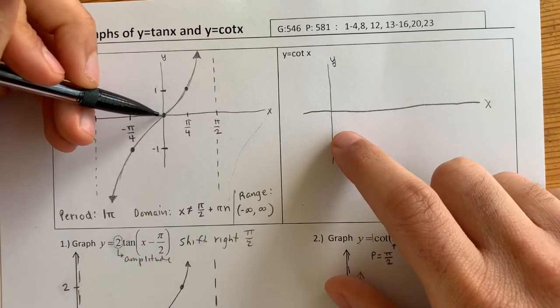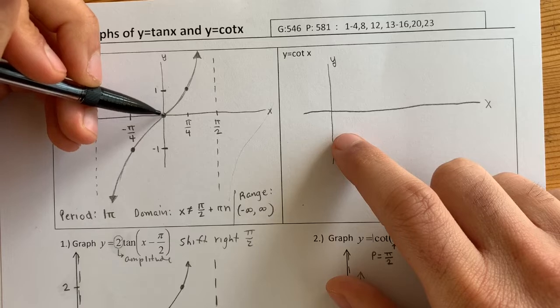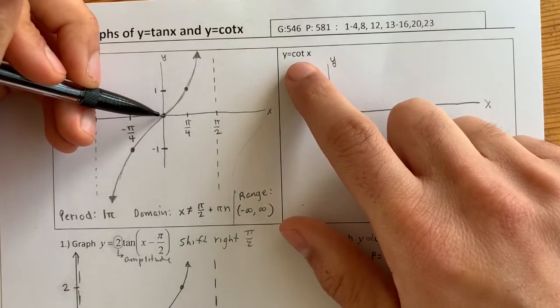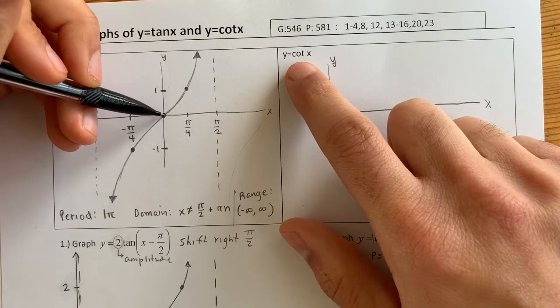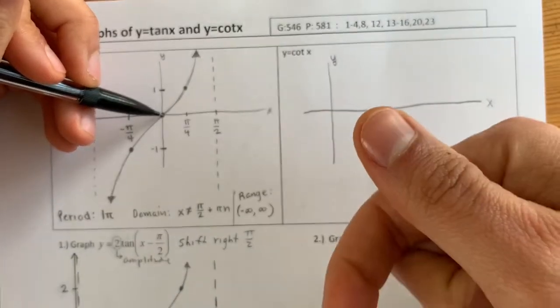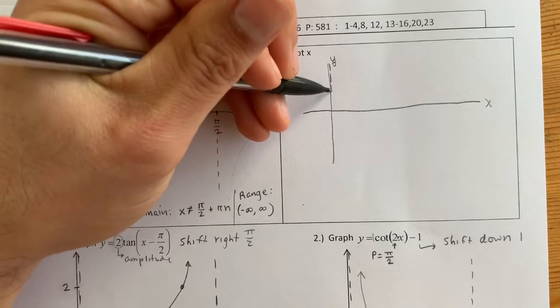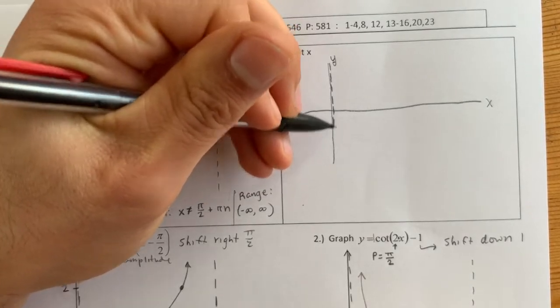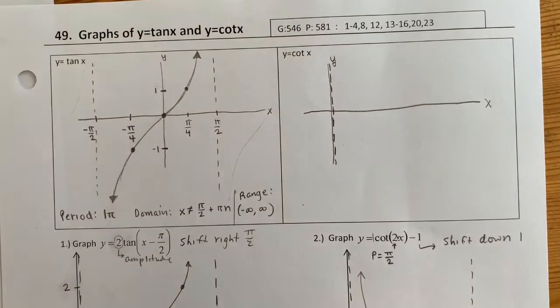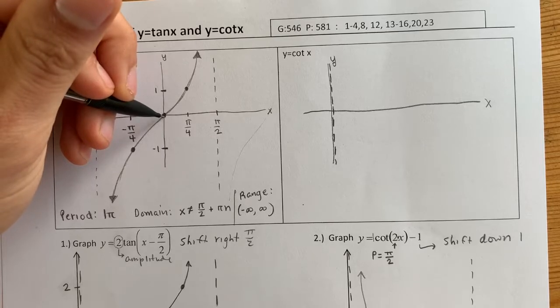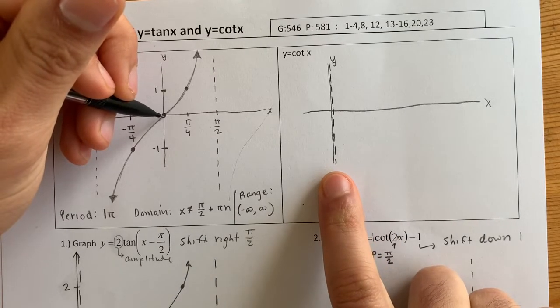At 0, the tan coordinate is 0. But when I do cotan, I have to do the reciprocal of 0, which means I'm flipping it and putting 0 in the denominator. That becomes undefined. So what used to be a 0 here becomes undefined on cotan.